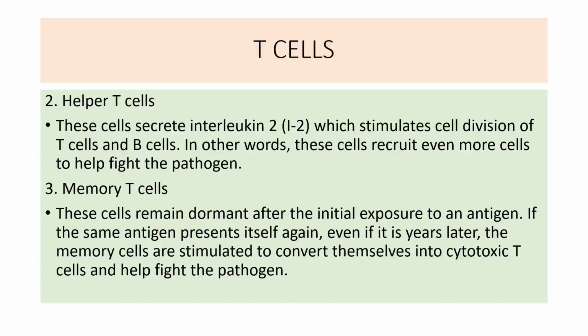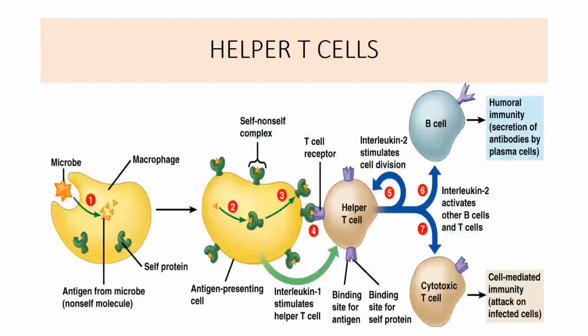And then the memory T cells are those which are responsible for memorizing the antigen, and ultimately they are the ones which are responsible for activating the T cells and B cells whenever, after some time, the infection is repeated in the body. So they are the memory T cells.